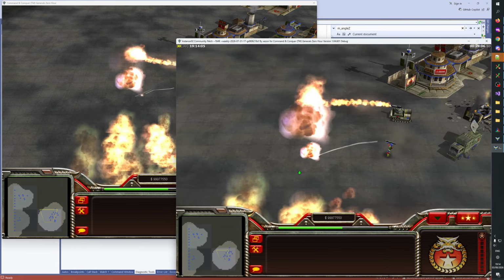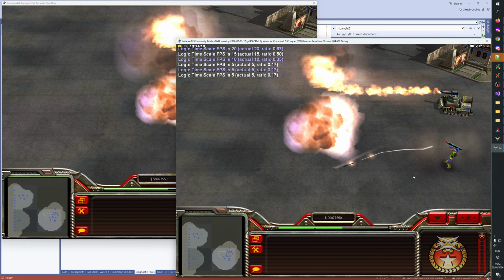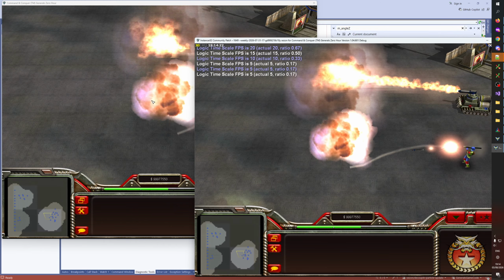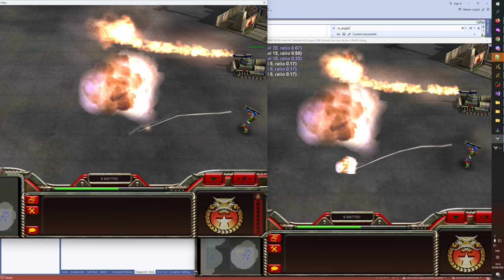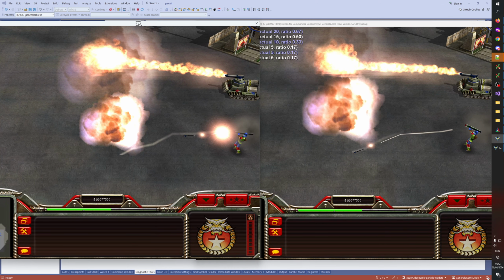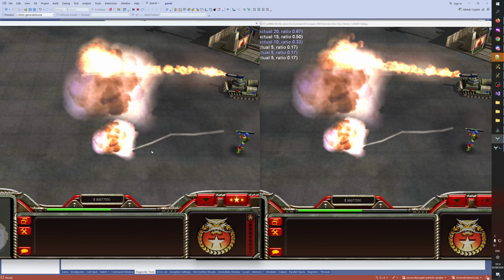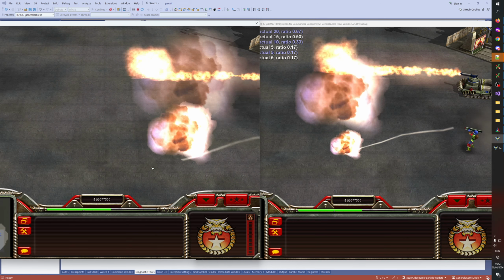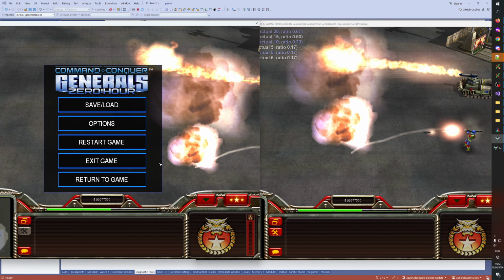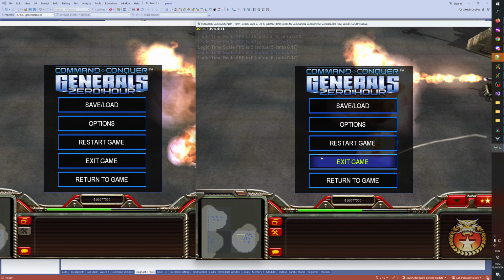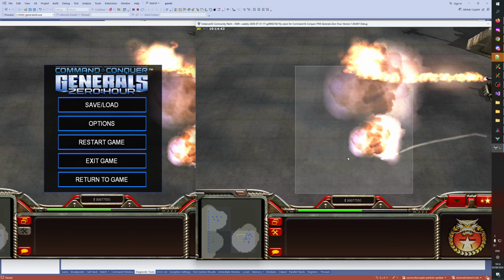Then we do a slow motion. Okay, let's put these here side by side, like so. Then we need to pause it, I think, like so maybe. How do we do it?